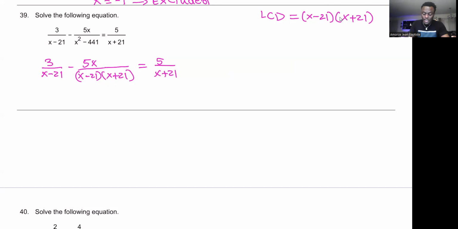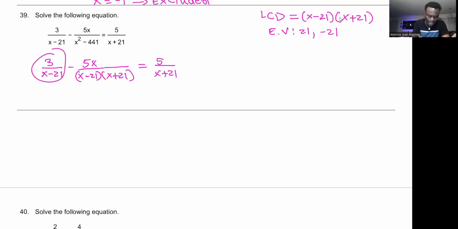That said, the excluded values are 21 and negative 21. In case we get these values as a solution, we know that we need to exclude them. Now we would multiply everything by x minus 21 times x plus 21, and cancel what they have in common.